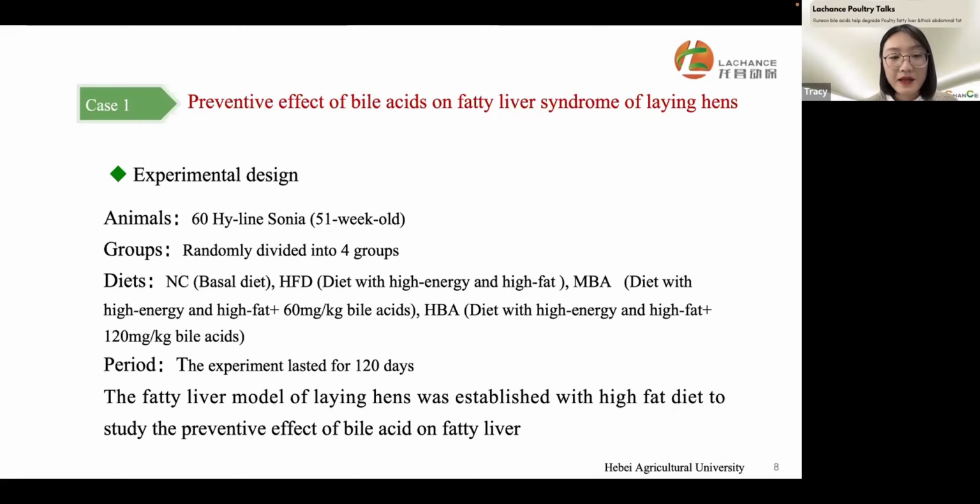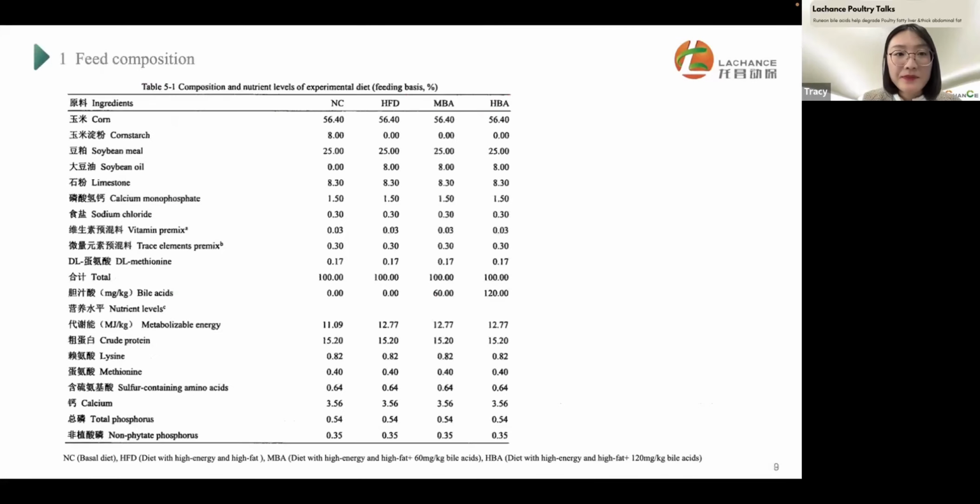This experiment lasted for 120 days. The fatty liver model of laying hens was established with a high-fat diet to study the preventive effect of bile acid on fatty liver. I'm going to show you the fatty liver model on the next page. By the way, this experiment was conducted in Hebei Agricultural University. And this is the feed composition.